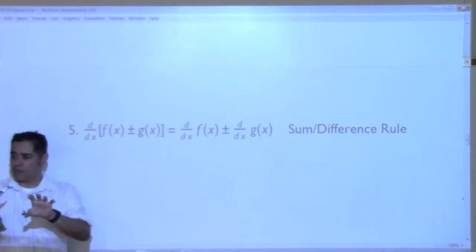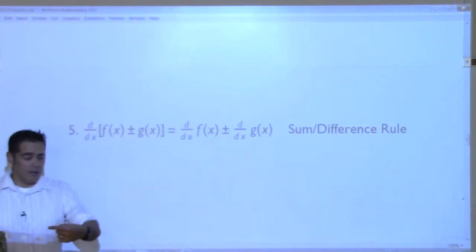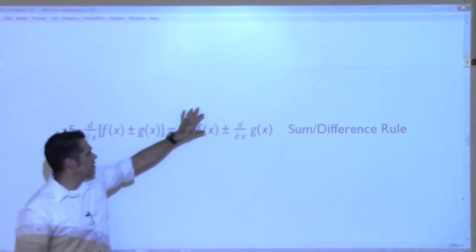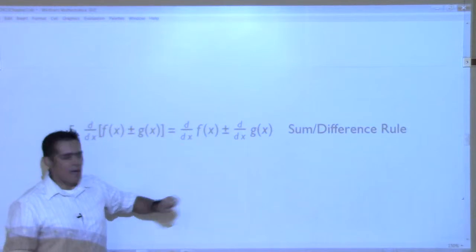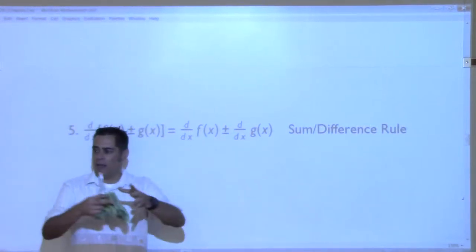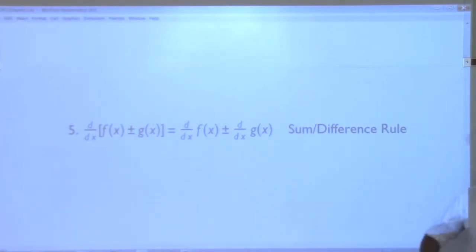So we have terms, let's say 2 terms. When we take the derivative, we can do them individually. We can take the derivative of the first one, and then just add or subtract, depending on if it was add or subtract, the derivative of the second one, and that's our answer. So it works the way you would hope it would work.